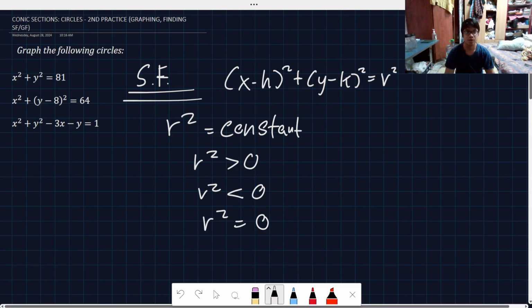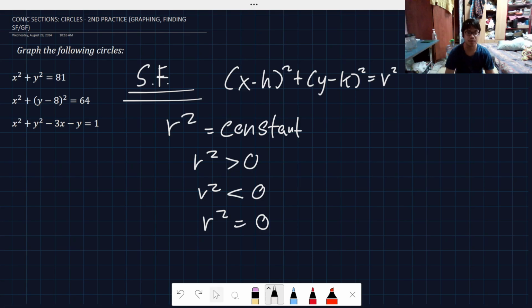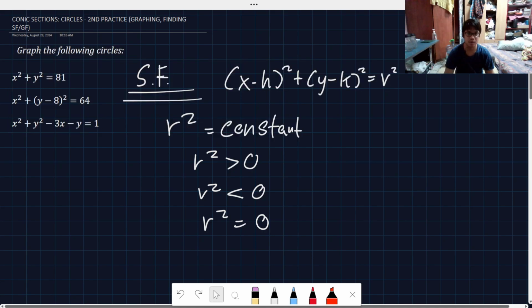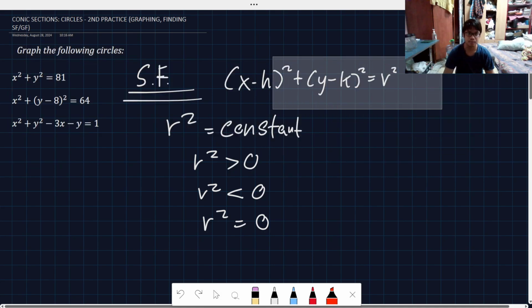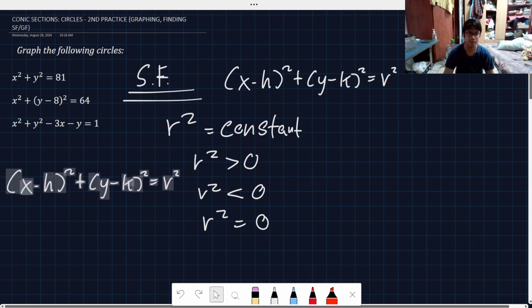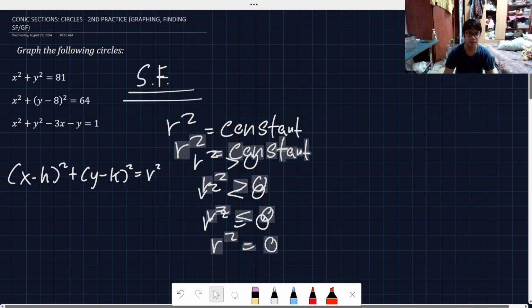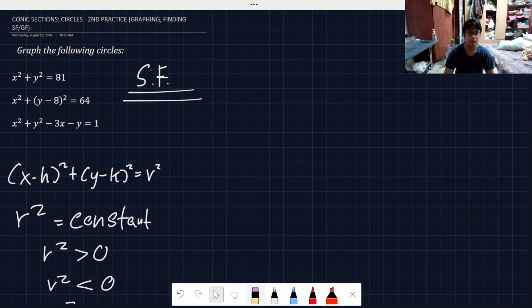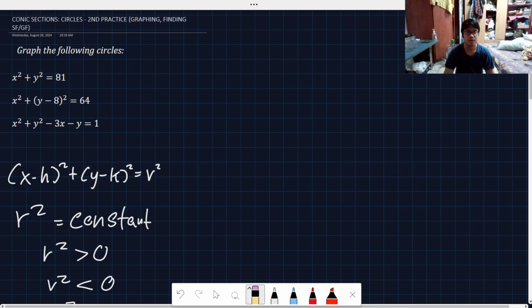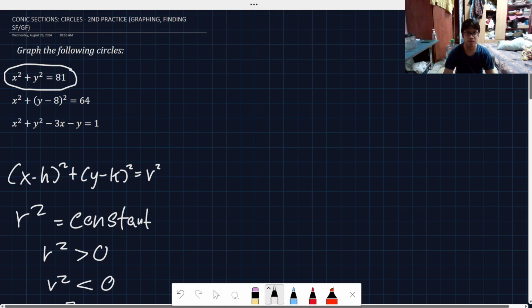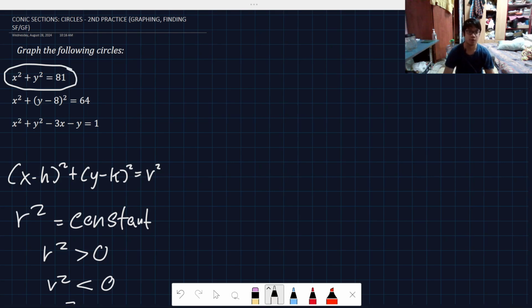Let's relate that to the first problem. Here, we have x squared plus y squared is equal to 81. Is this in standard form?